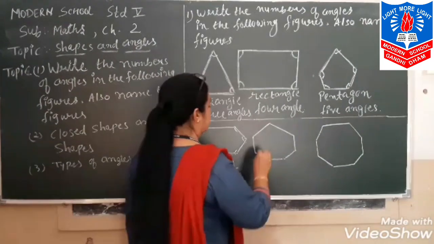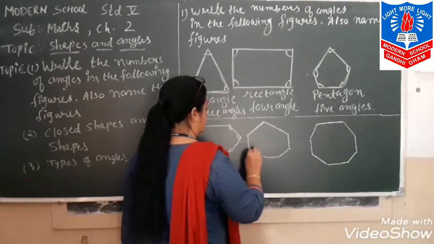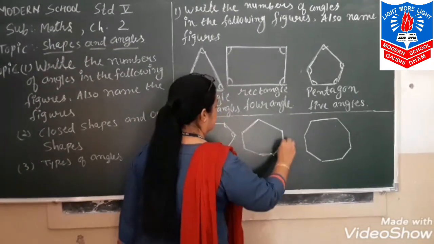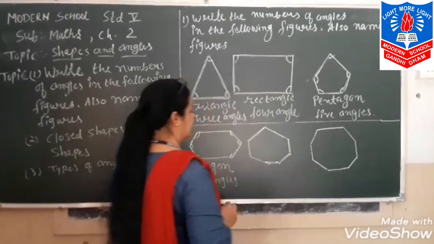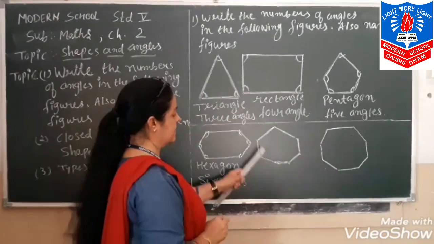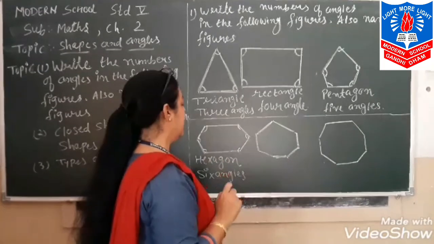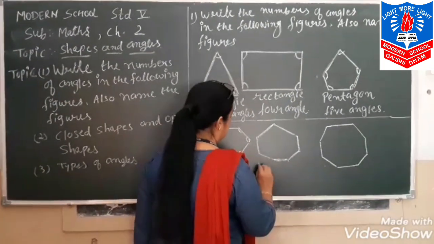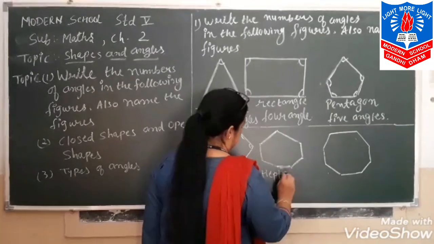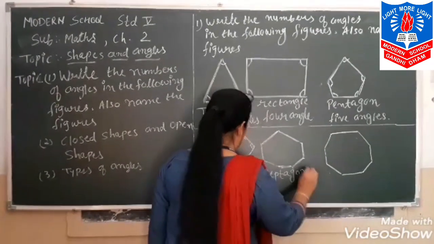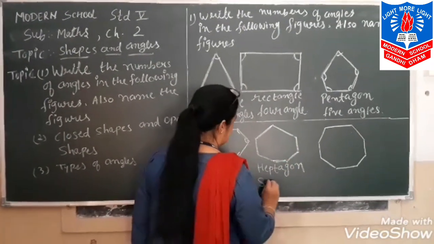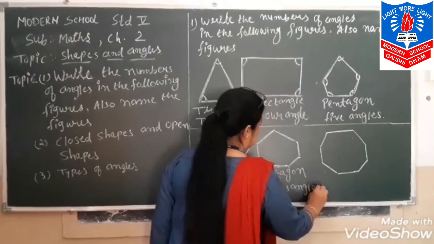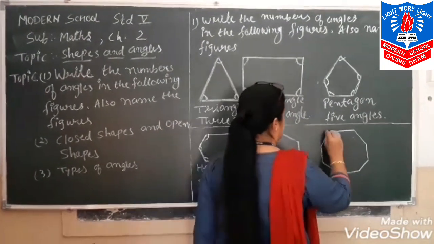See this figure? 1, 2, 3, 4, 5, 6 and 7. Here are 7 sides and 7 line segments. This figure is called a heptagon. And angles, 7 angles. And here how many sides?